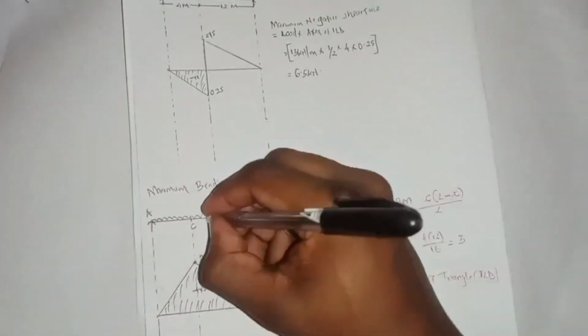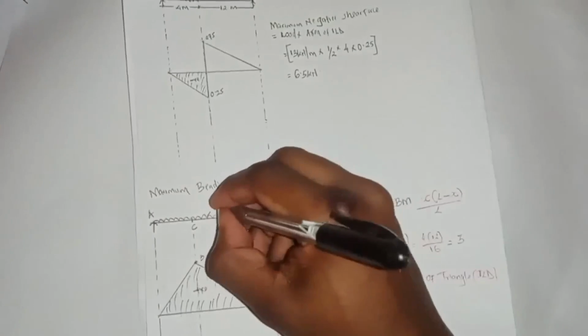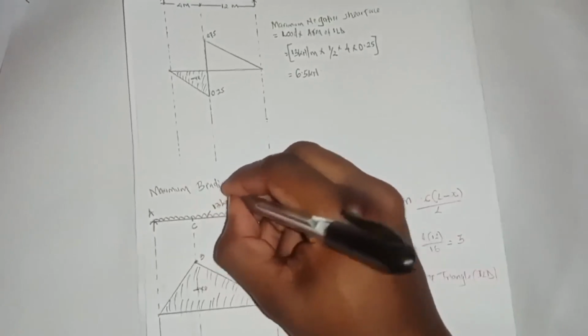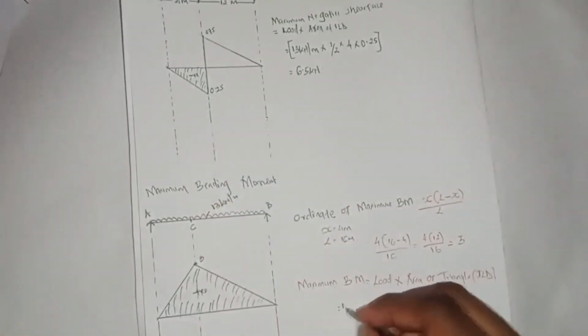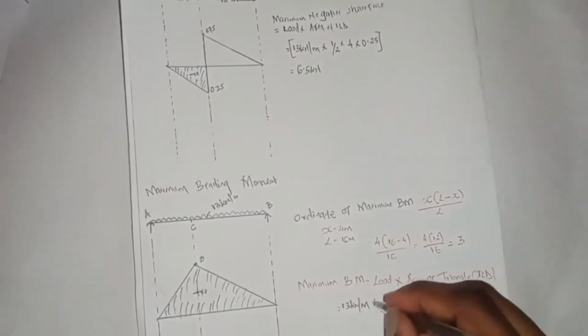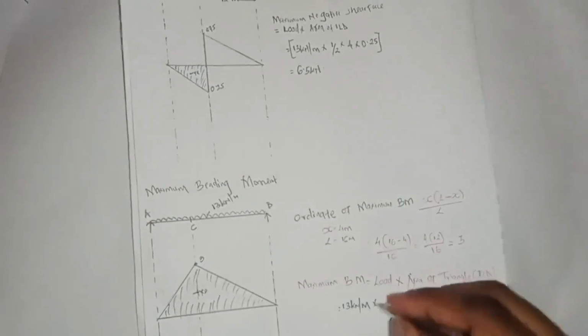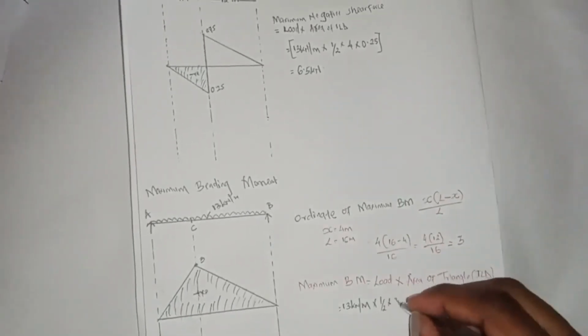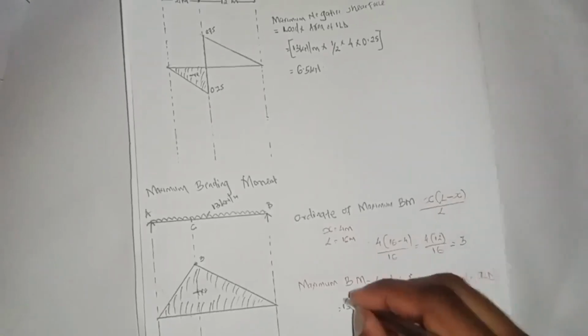Our loading, the UDL, was 13 kilonewton per meter, multiplied by the area, which is a half multiplied by 3 multiplied by 16.